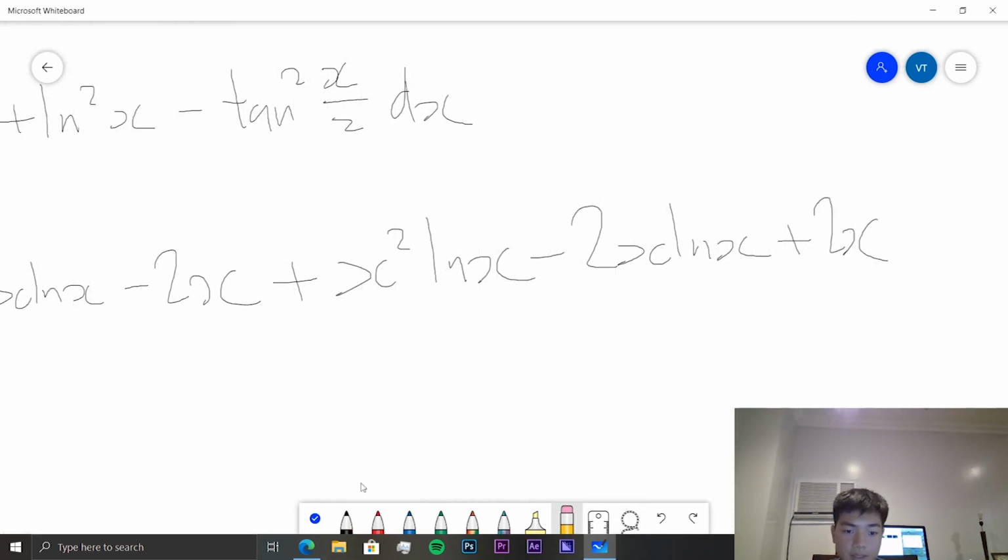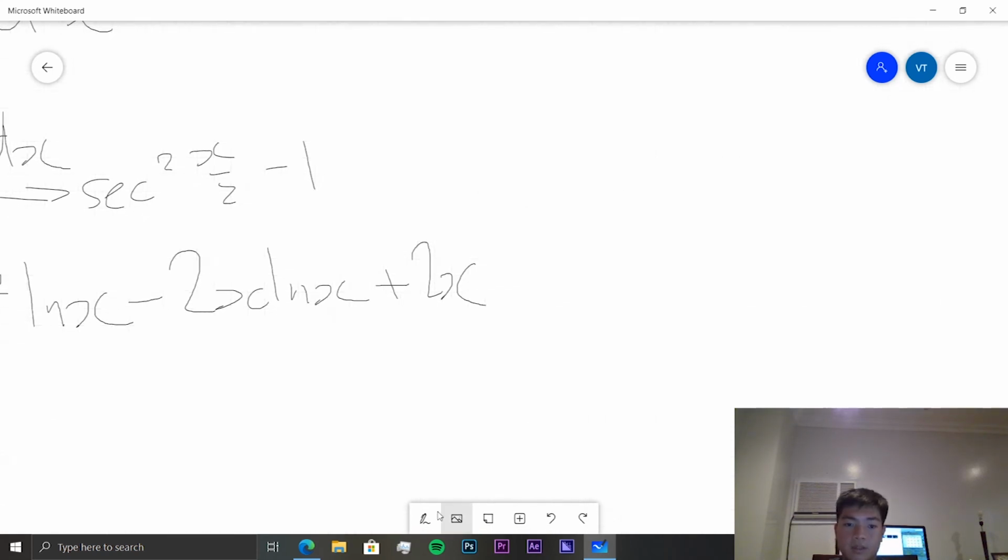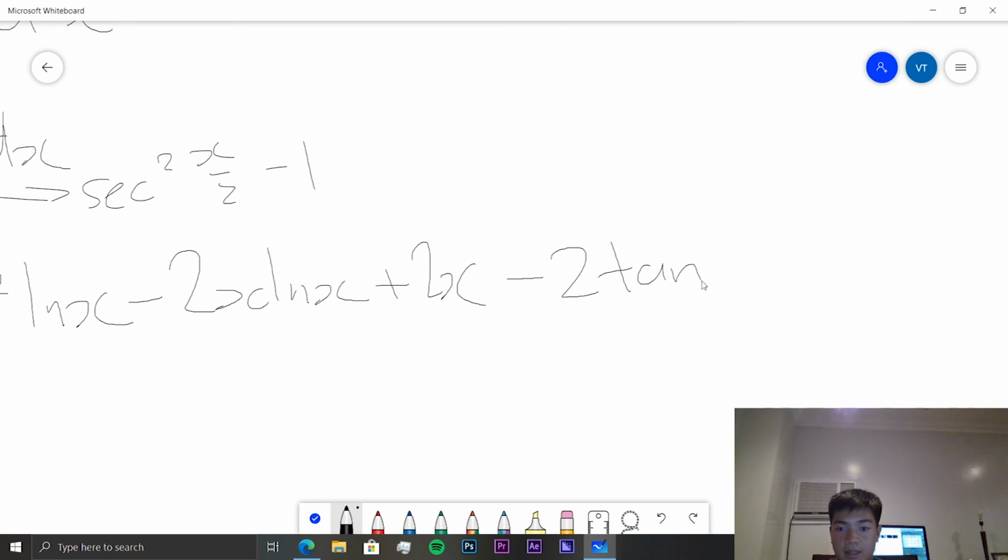This is secant squared x over 2 minus 1. So if we integrate this, this is 2 tan x over 2 minus x.